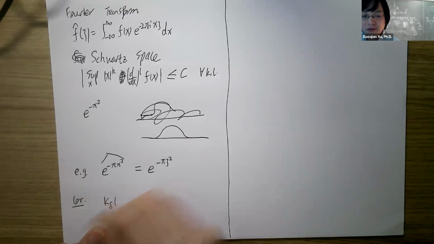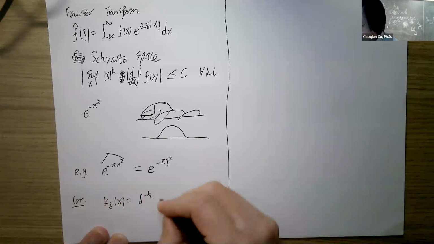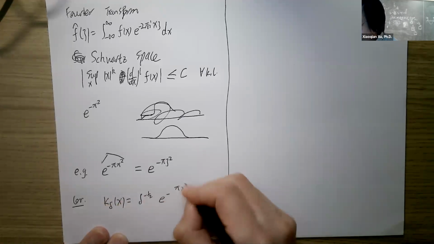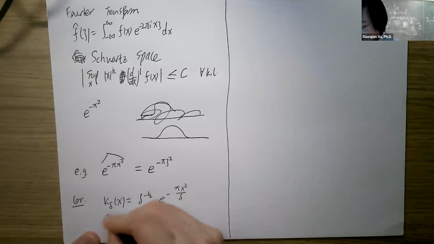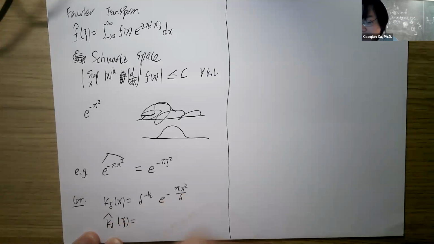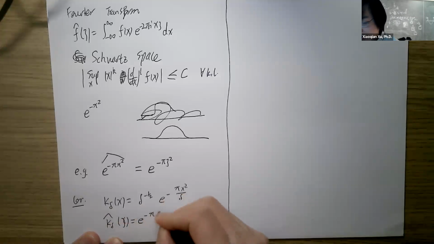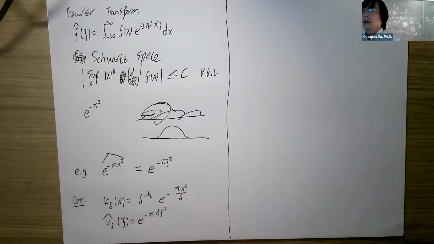If you have K_δ(x), which is δ to the power minus 1/2 times e to the power minus πx squared divided by δ, and you take the Fourier transform of this function, what you get is e to the minus πδξ squared. So if you do a dilation in the frequency space, then on your phase space or configuration space, you get this kind of dilation multiplied by this constant.